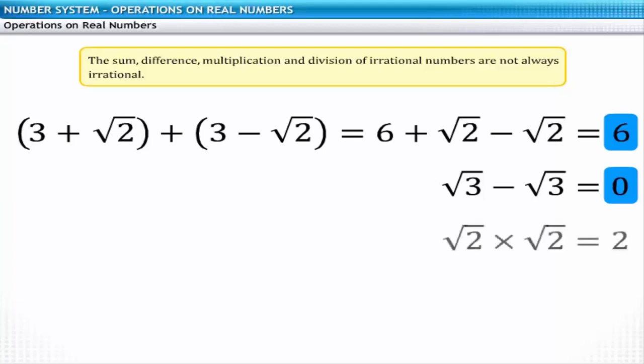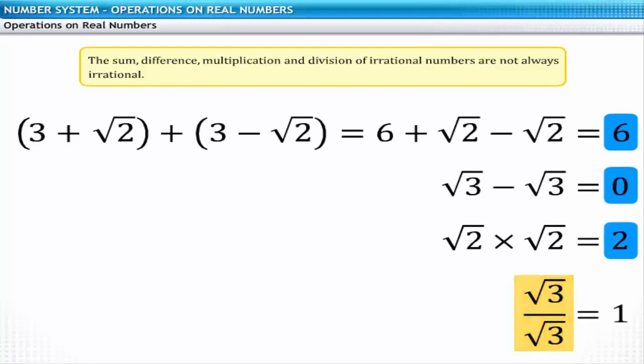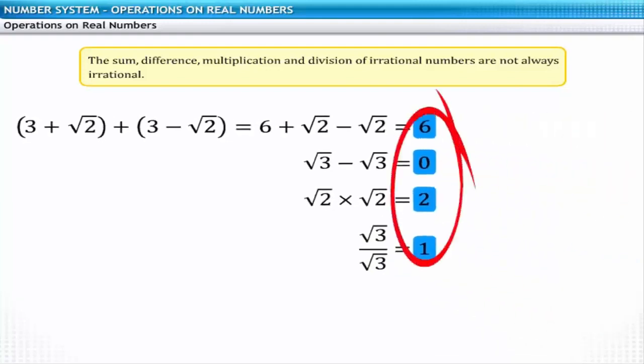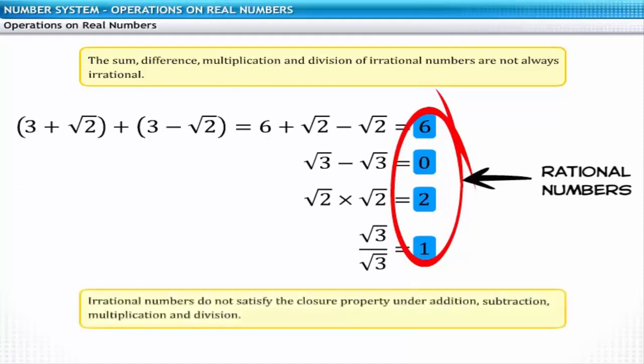Similarly, if you multiply the square root of 2 by itself, then you get 2. If you divide the square root of 3 by the square root of 3, then the quotient is 1. Here in all the cases, the obtained results are rational numbers. Thus, irrational numbers do not satisfy the closure property under these operations.